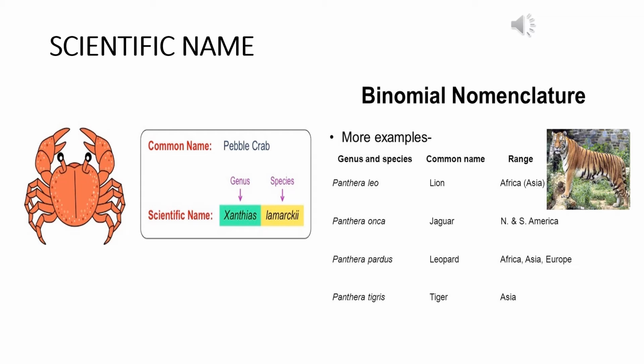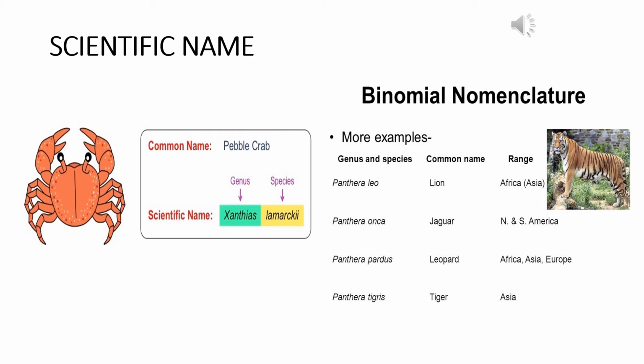Since the scientific name is divided into two parts, it is called binomial nomenclature. Bi means two and nomial means name, and nomenclature is the process of naming organisms. Now, binomial nomenclature or the scientific names are done in the Latin language. Why Latin? Because the scientific names are universal and unique for a single organism all over the world.